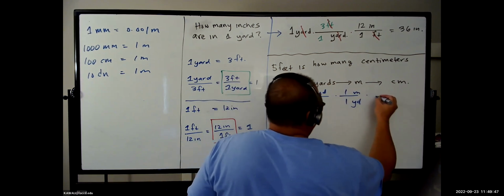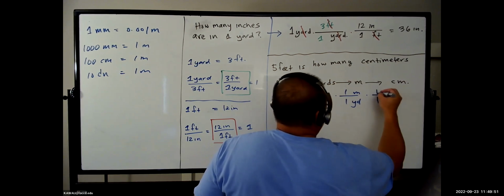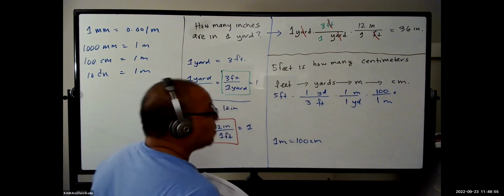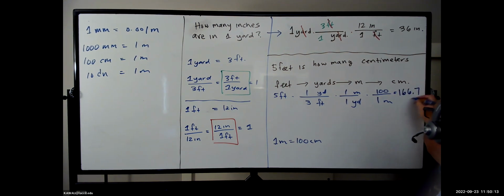And then we have 1 meter is 100 centimeters. Okay. So let's look at that. So I have 500 divided by 3 is 1.66, 166.7 if I round.